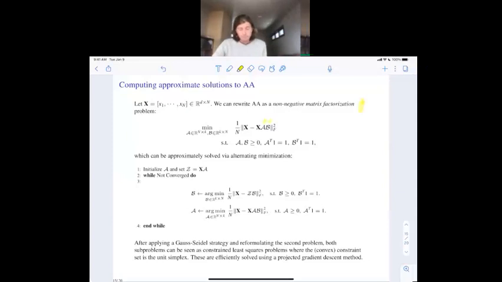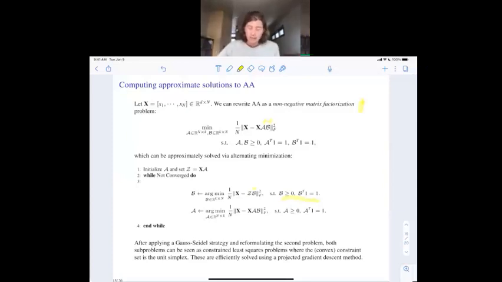Writing Z equal to X times A, I can solve for B. And I think it's pretty clear that this problem is just solving a least squares problem under the constraints that the columns of B are in the unit simplex. You can solve this problem using the projected gradient descent method, where I alternately improve B and then project onto the unit simplex.